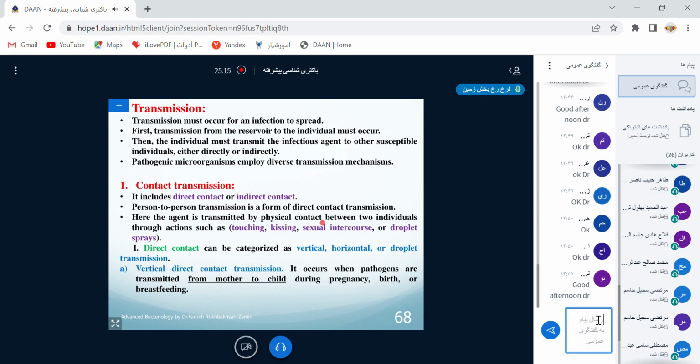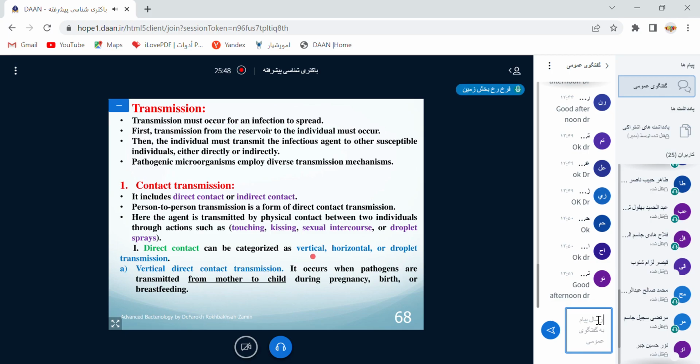Here, the agent is transmitted by physical contact between two individuals through actions such as touching, kissing, sexual intercourse, or droplet sprays. Direct contact can be categorized as vertical, horizontal, or droplet transmission.